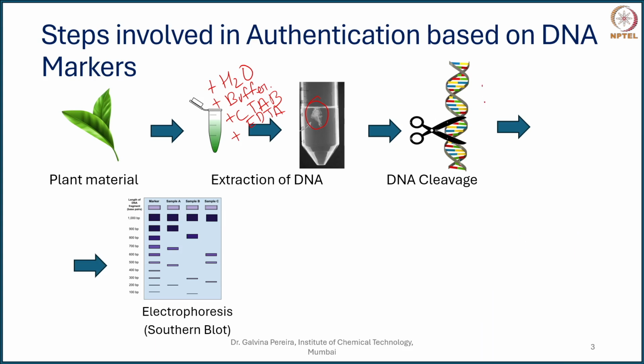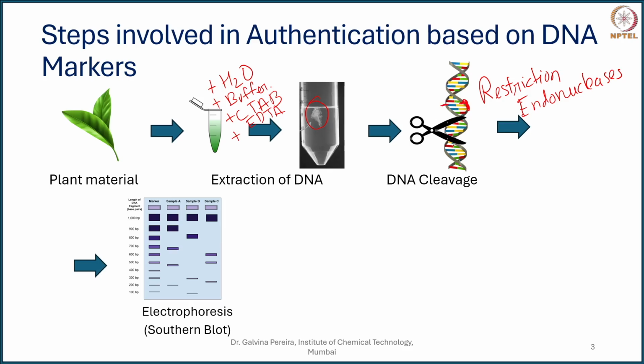These enzymes include what are called restriction endonucleases. Now, restriction endonucleases identify a particular region, a base pair combination, and then selectively cut.